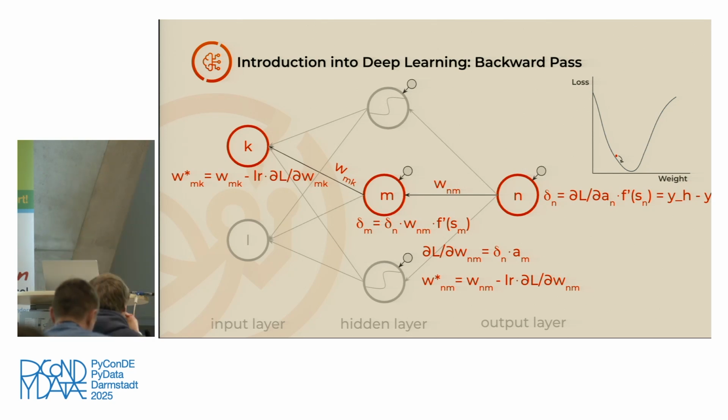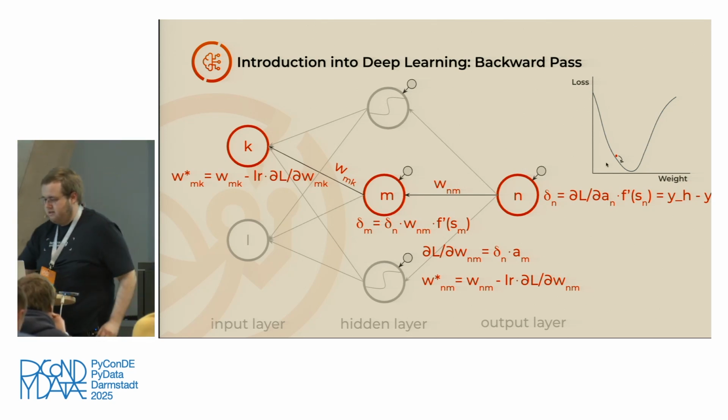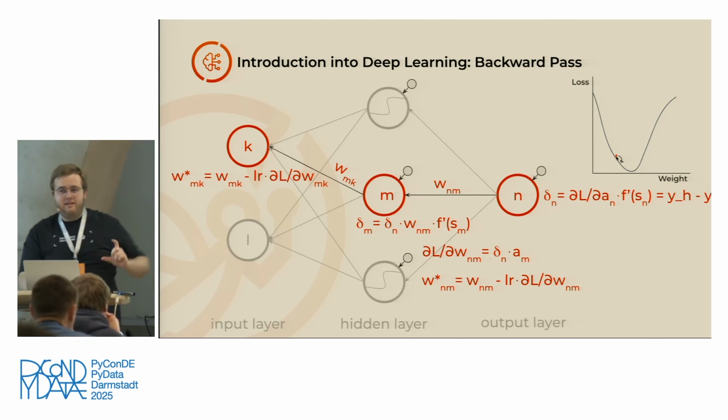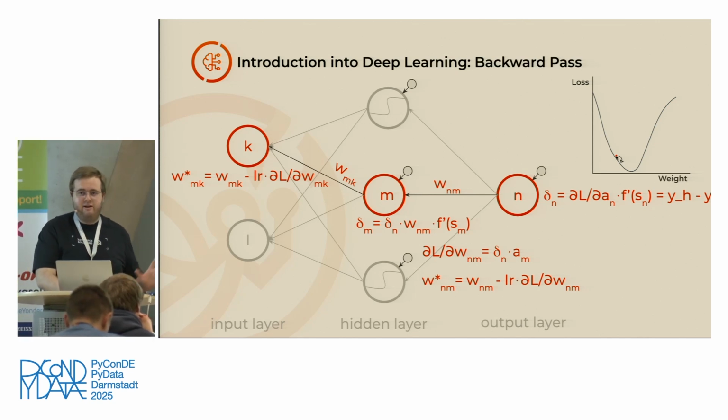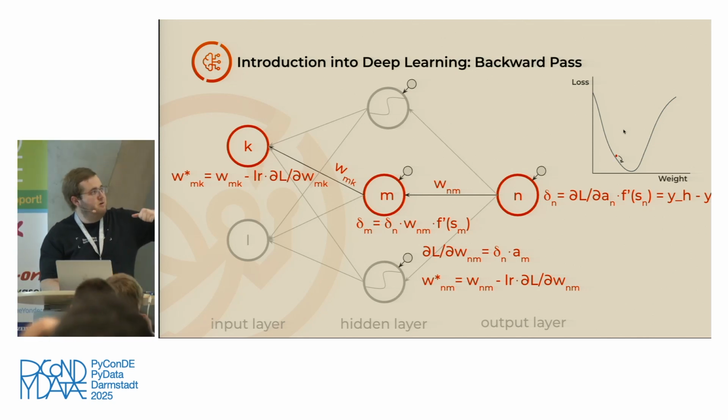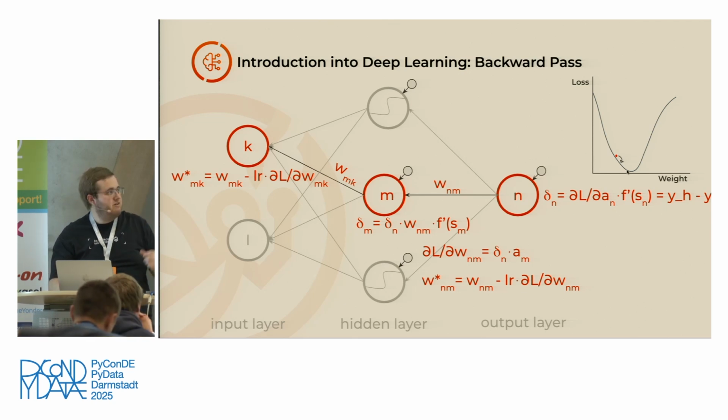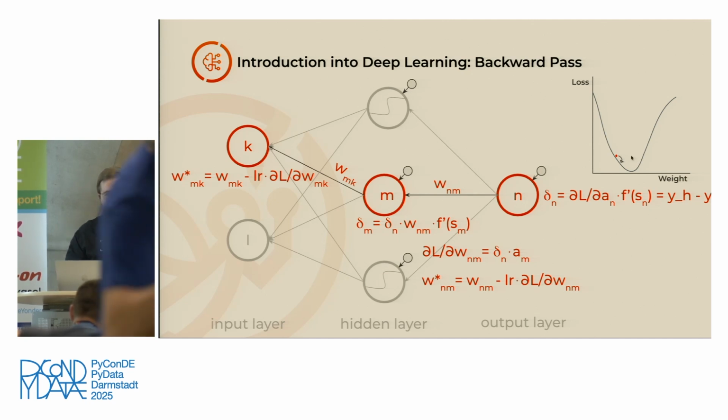Assume this is our loss function, and the gradient would point in the direction of ascent. Therefore, if we go in the opposite direction, we are minimizing the loss. And the learning rate just defines how large this step is going to be. So does this answer your question or not really?